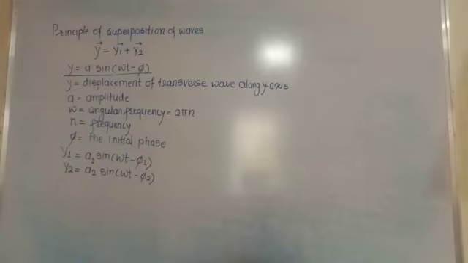These two waves are superimposed upon each other, and the resultant displacement of the light wave is given by y is equal to y1 plus y2.